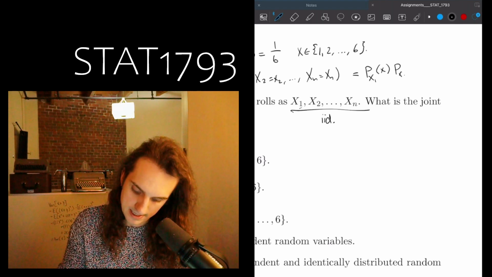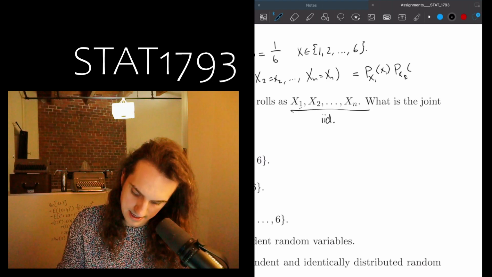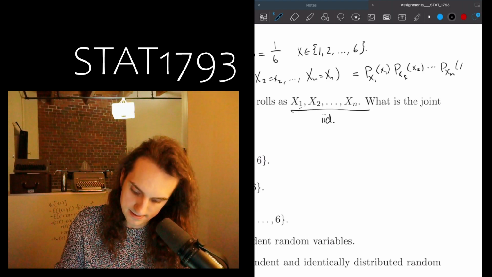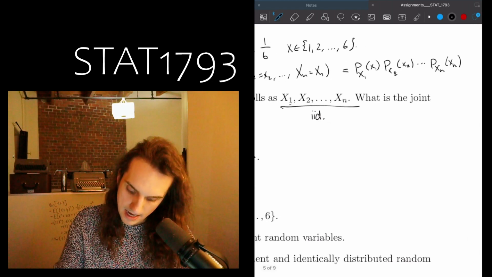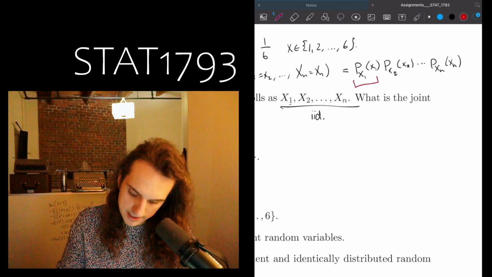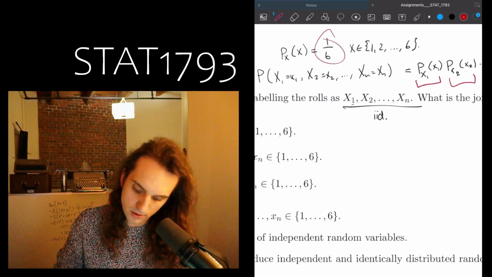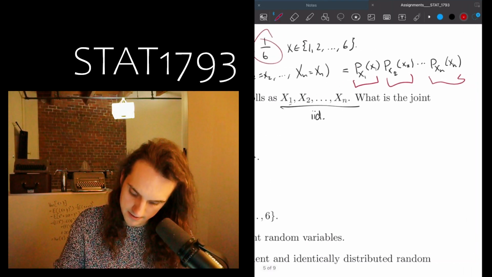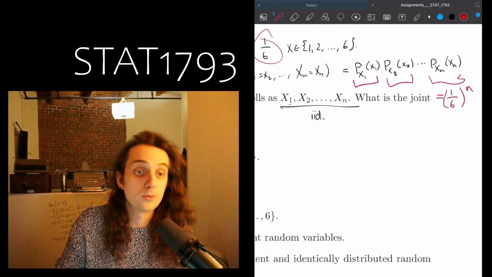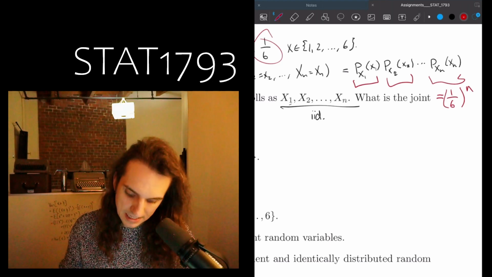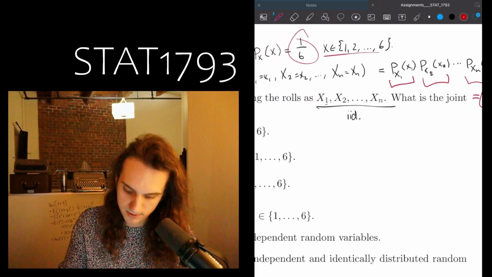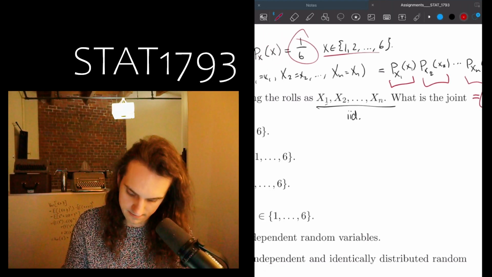So that's probability x1, x2, so forth up to xn. Okay. And what we know is that each one of these is exactly the same thing. And in particular, it's all just 1 over 6. So this right here is going to be 1 over 6 times itself n times, so 1 over 6 to the power of n. And each of the values has to be between the values 1 and 6.